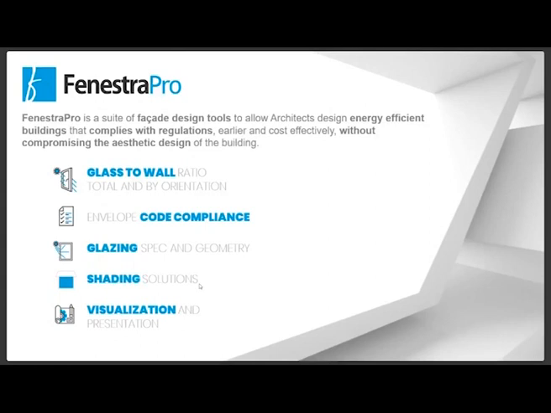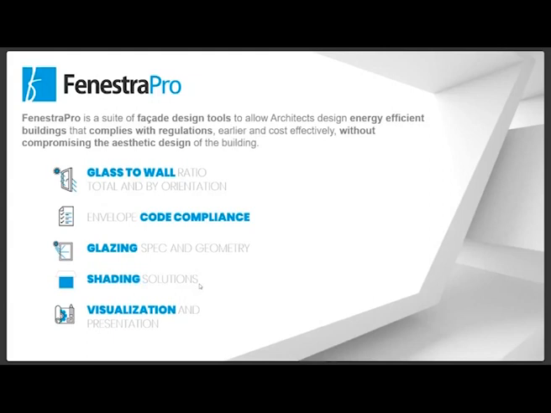So broadly speaking, things like glass to wall ratio in total for the building and by orientation. Looking at codes and how that affects both, again, your glass to wall ratio, but different performance values of elements such as your curtain wall systems or your windows and your walls, your opaque wall systems.